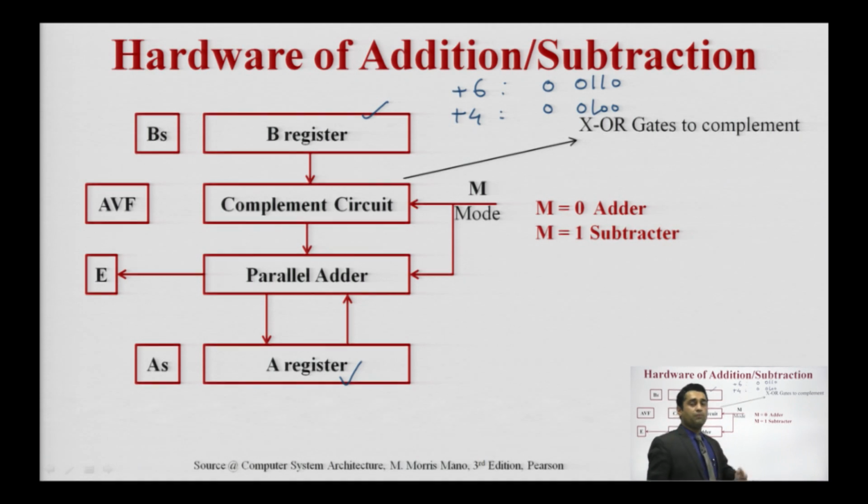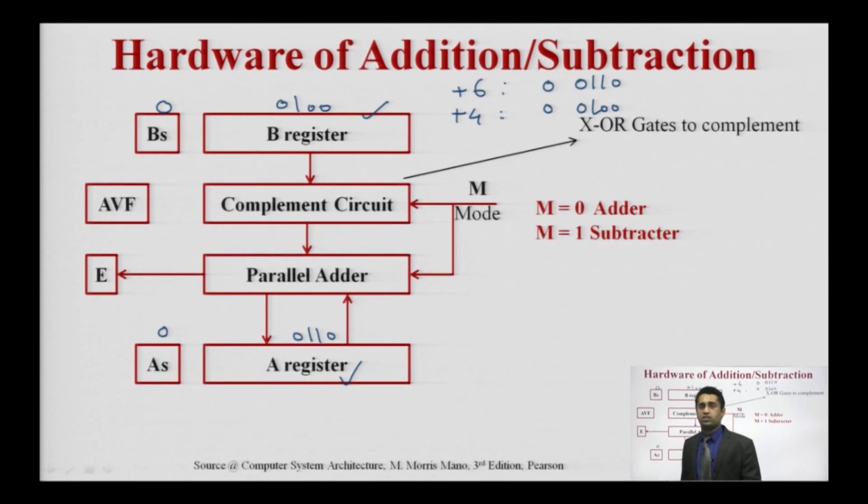So the first thing is to identify which is A and which is B. In this case, say this is my A, this is AS. AS represents the sign bit of A and BS represents the sign bit of B. This is my number.